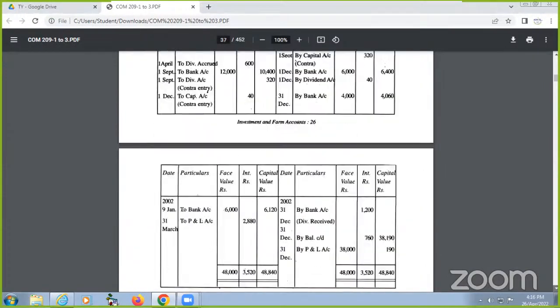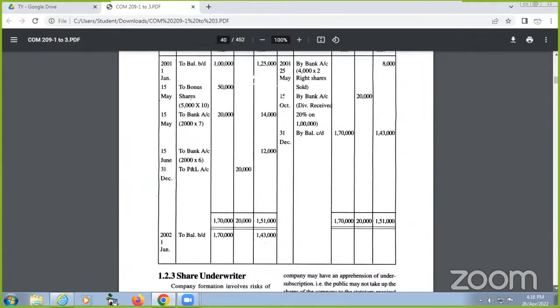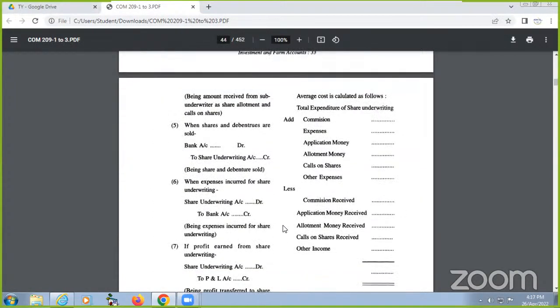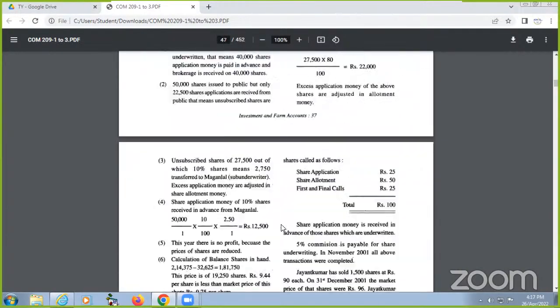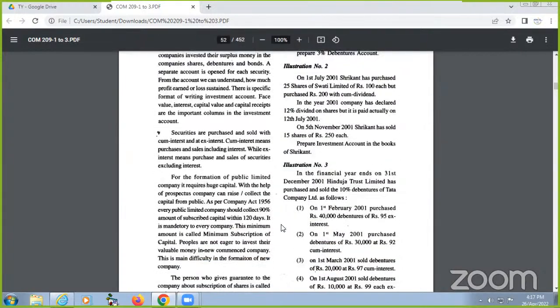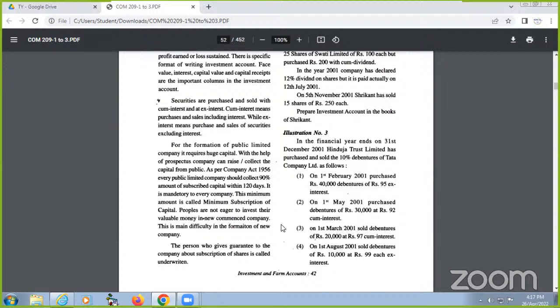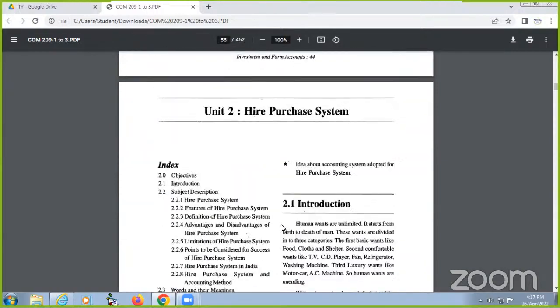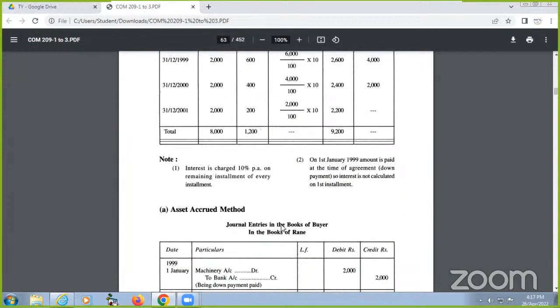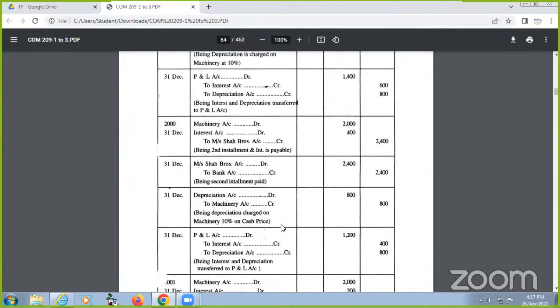In the last lecture, we finished this investment chapter. In this lecture, we start, in fact, we already started, the hire purchase system in installment.